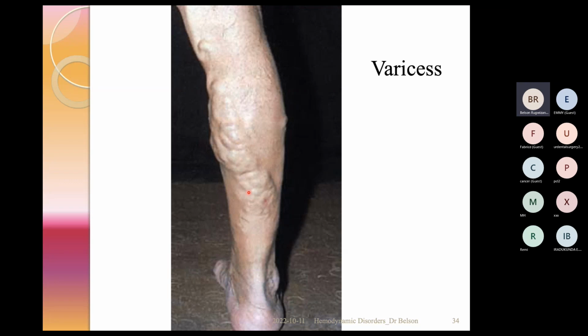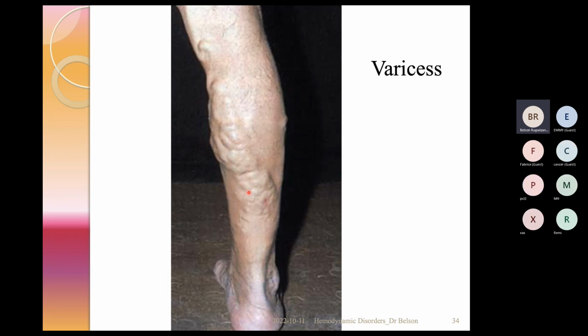Haba amaraso akongera kuzamuka nanone valve zikongera zikaya. So valve yifungura ubujya hejuru ntabwo yifungura ubujya hasi. So iyo habaye ikibazo valve ikaba prolapsing cyangwa se defective, nukuba ntishobore gufata amaraso ahubwo ikongera ikayarekura agasubira hasi. Ibyo bituma amaraso yenda akipfundika ahantu, nibyo bita varices.